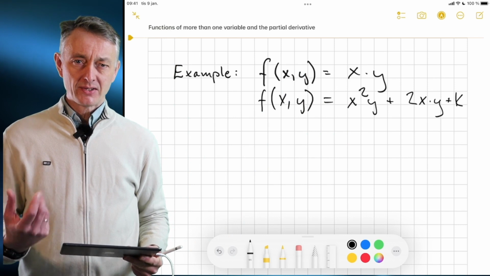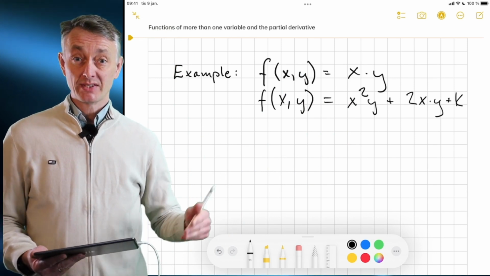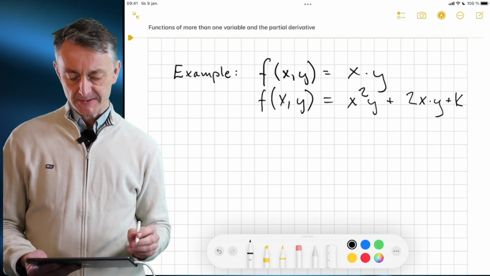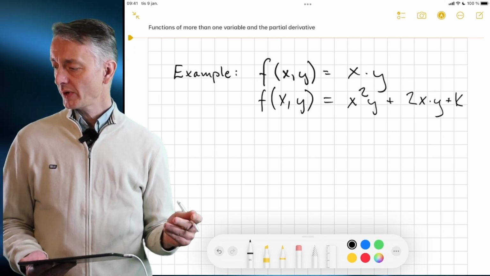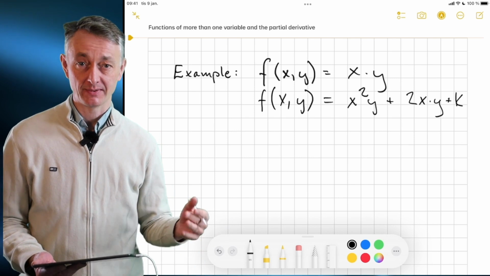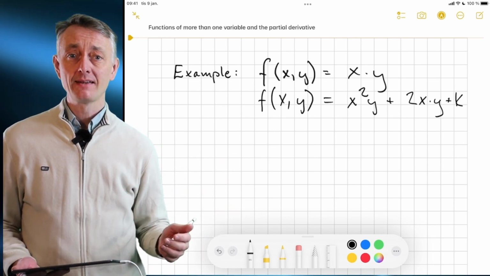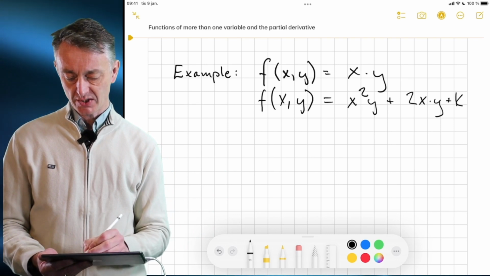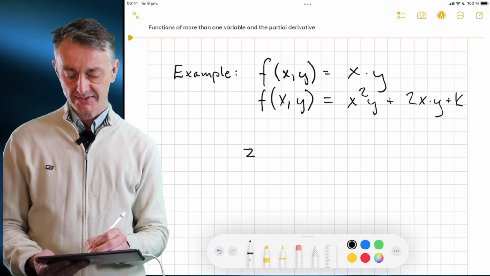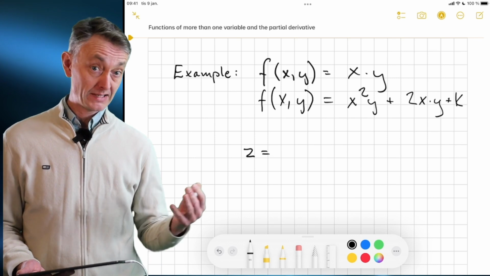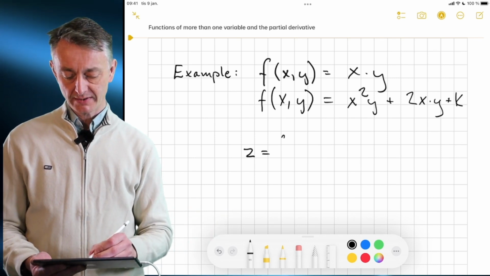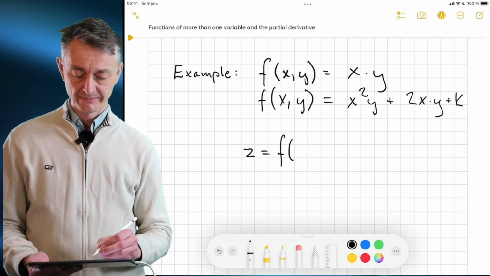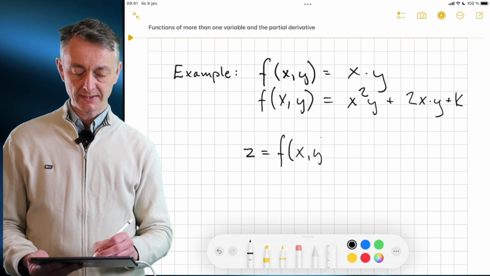So let's now look at one more specific example, so we can do some mathematics and some numerical examples. Let's assume we have an endogenous variable, which could, for example, be the level of production that a firm produces. So we call that variable z. So z, level of production, is then a function of two input variables, x and y.